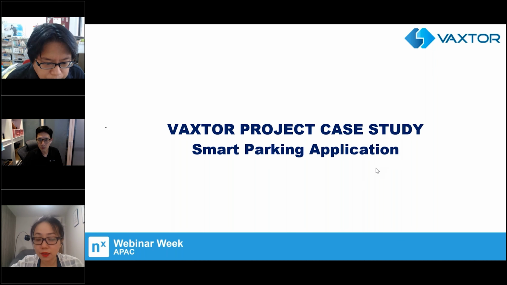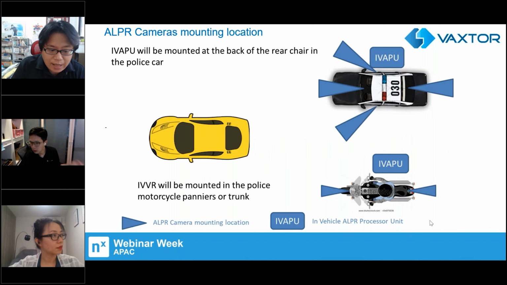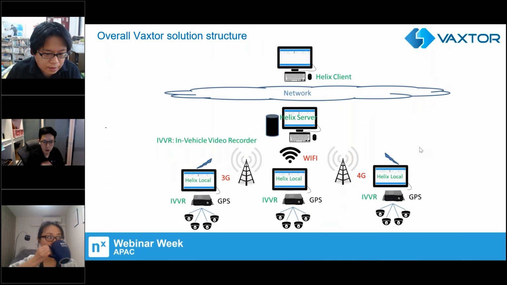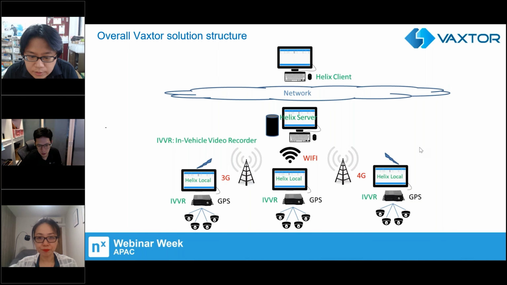Christine, sorry to interrupt you. For that structure, does the local Helix send the live stream directly to the Helix server for analytics, or is the analytics done in the local server? The video analytics is done locally. Done by local.